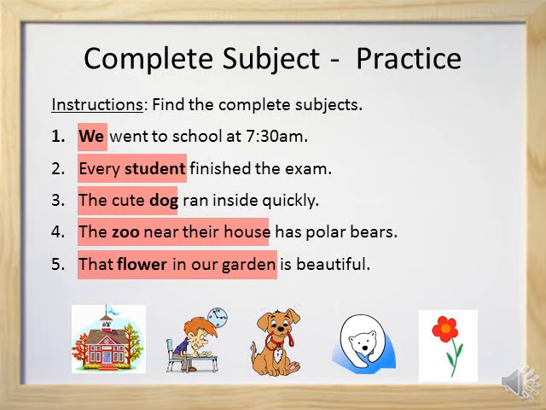But the complete subject includes all other words in the sentence that modify flower. So, it includes more than one word. In our garden modifies flower. It tells where the flower was. That modifies flower because it tells which flower. So the complete subject is that flower in our garden.